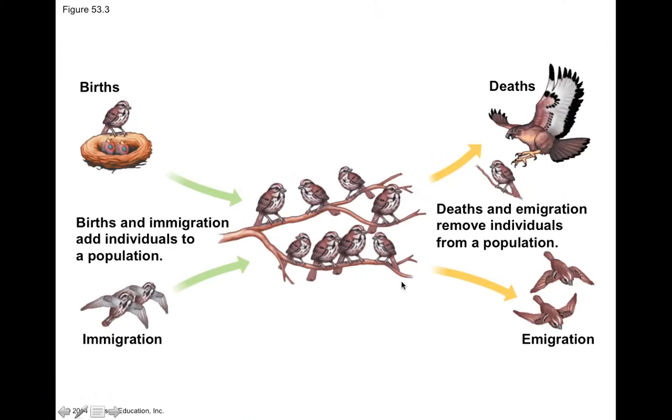But ultimately, the most typical way that individuals are added to or subtracted from an area is through birth and death. So we have a certain number of birds in a particular population. Maybe new birds are flying in from elsewhere. Other birds are flying away. But really the biggest contributors to most populations are the number of births and the number of deaths.